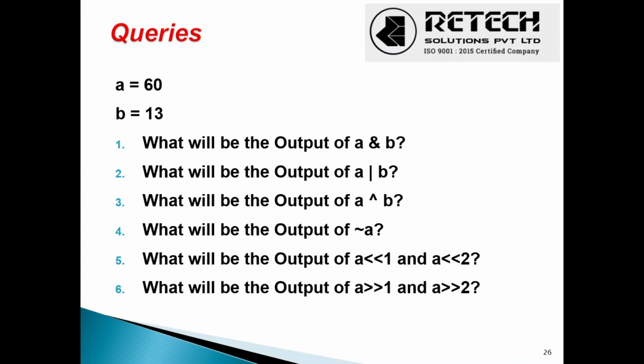The first one is: what is the output of A and B? Our first problem query will be A and B, the bitwise operation of A and B.